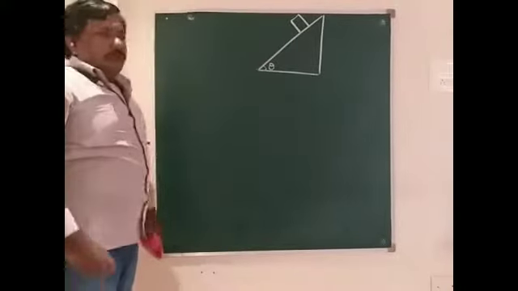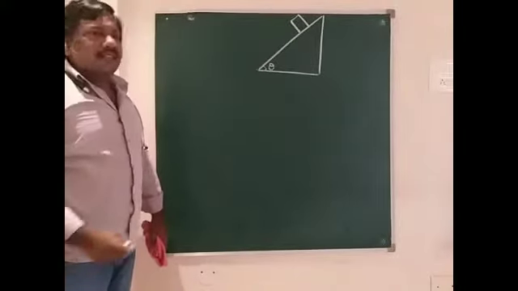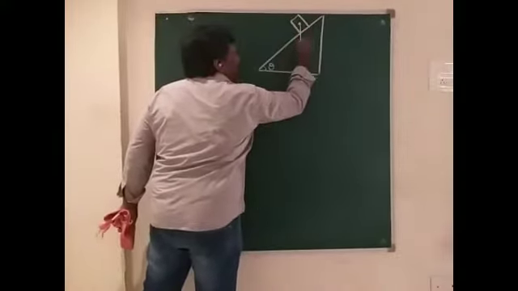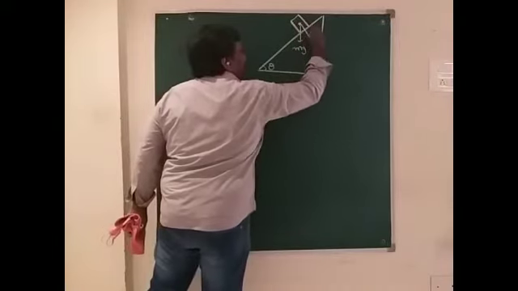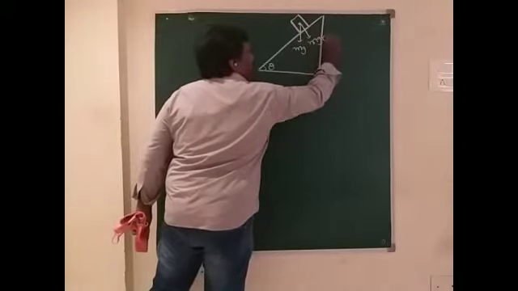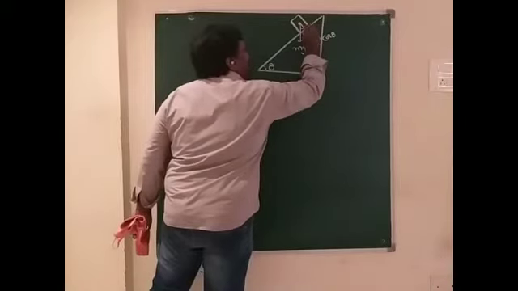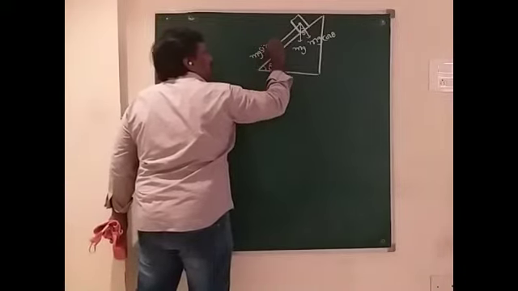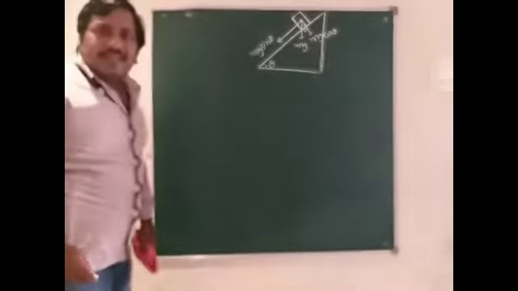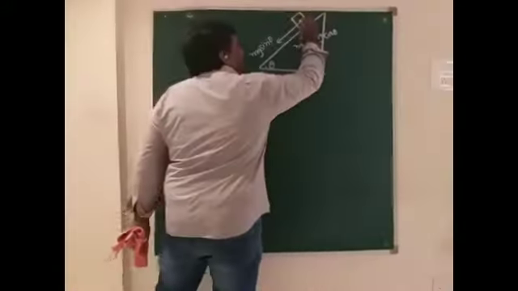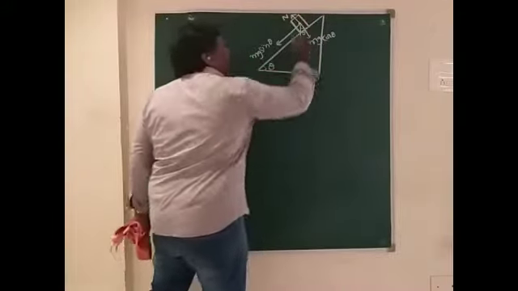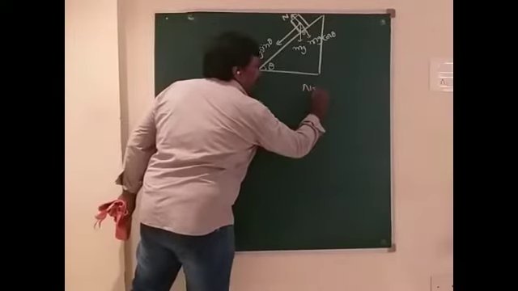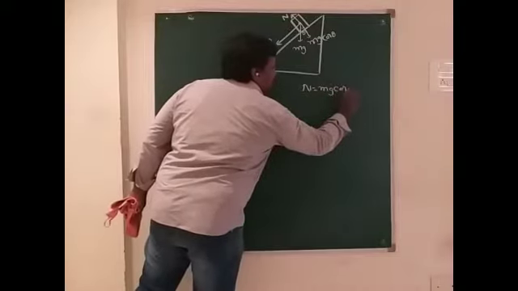The weight of the body is resolved into two components, that is mg cos theta and mg sin theta. Here the mg cos theta term is perpendicular to the plane. It is balanced by the normal reaction of the body. So here N equals mg cos theta.